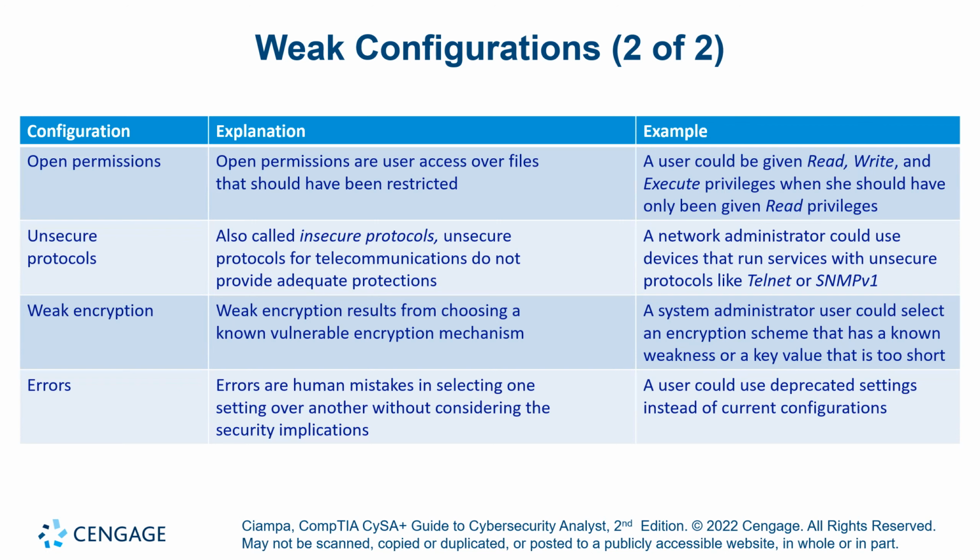Weak encryption results from choosing a known vulnerable encryption mechanism. A system administrator could select an encryption scheme that has known weaknesses or a key value that is too short. So like if they're using MD5 instead of any of the AES configurations would be an example of that too.